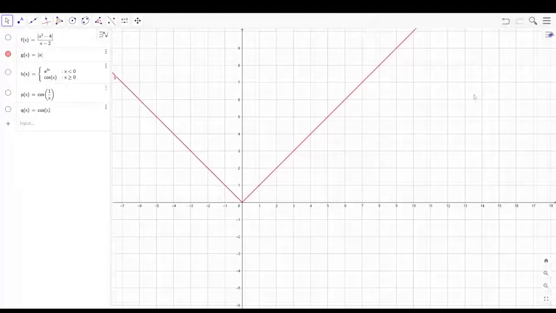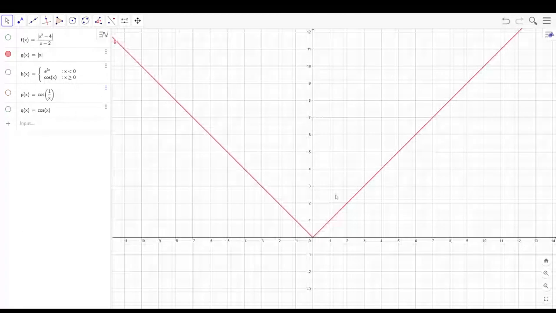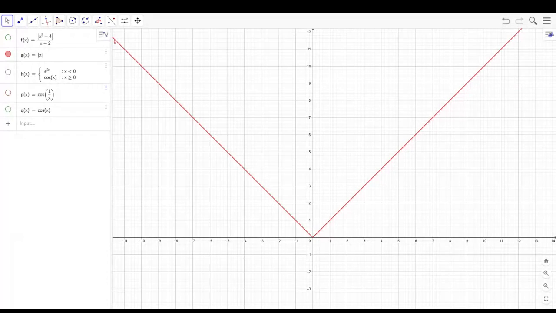I've got my GeoGebra ready to go. So here it is. Here is my function. So who can tell me in the chat for part A, is this function continuous at x equals 0?